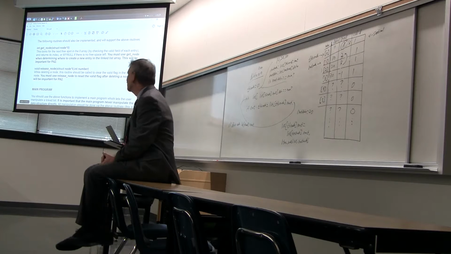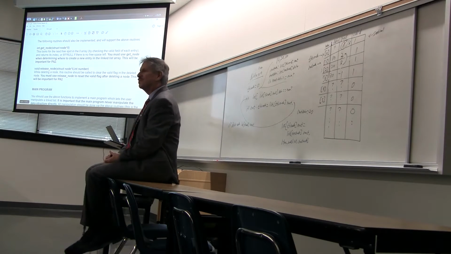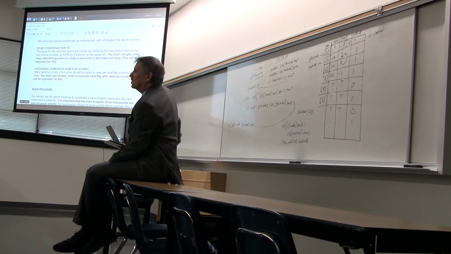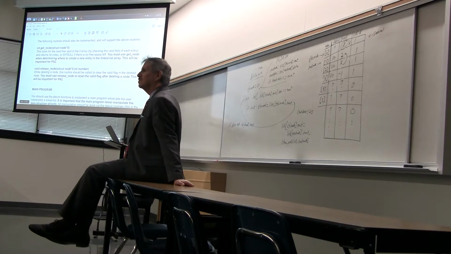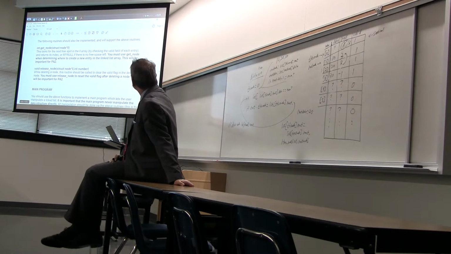I will take off points if you do that. The reason being that I don't want your main program to interact with this, and I don't want your lower level code, your add and your delete, to have to tinker around with this -1. I want that to be happening only inside get node or release node.